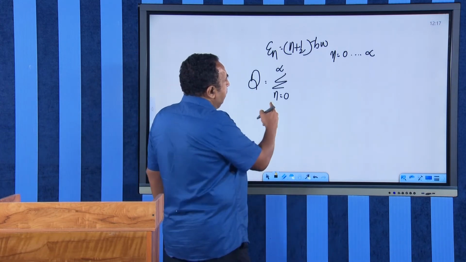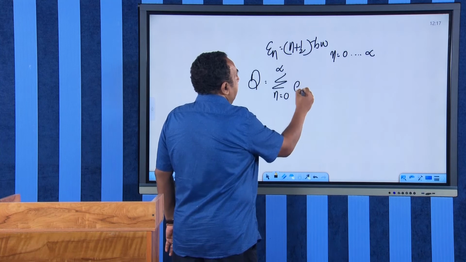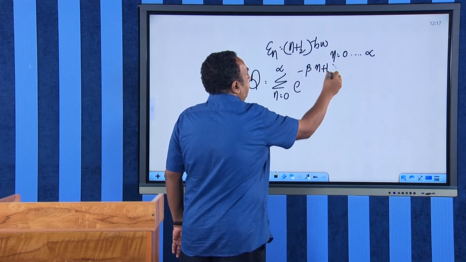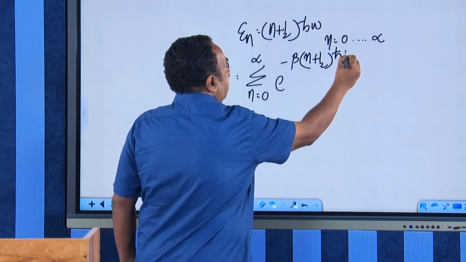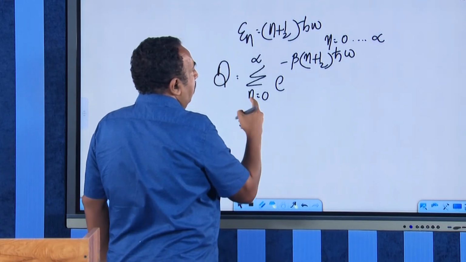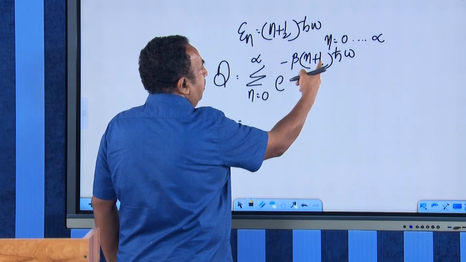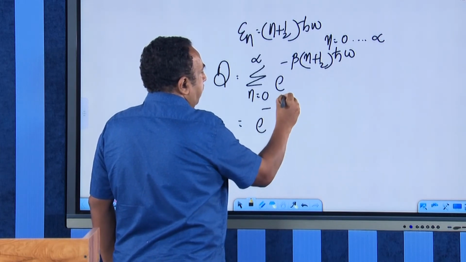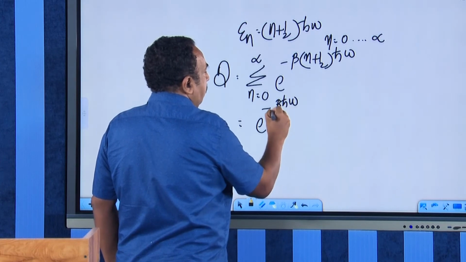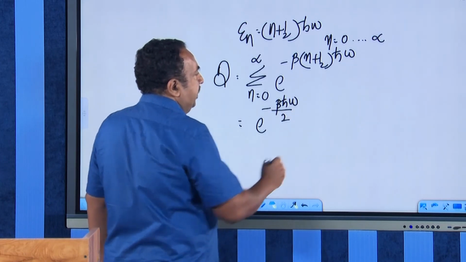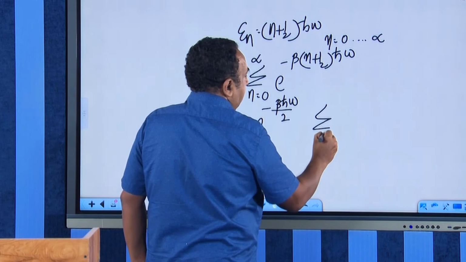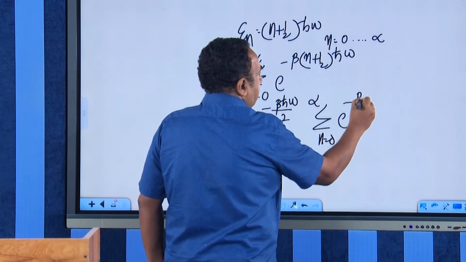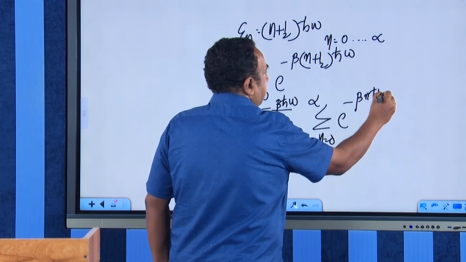Therefore, this equation is sum over n equal to 0 to infinity of e raised to minus beta, n plus half, h cut omega. Now, the summation is not applicable for the beta half h cut omega term. Therefore, I will take that outside: e raised to minus beta h cut omega divided by 2, sum over n equal to 0 to infinity e raised to minus beta n h cut omega.